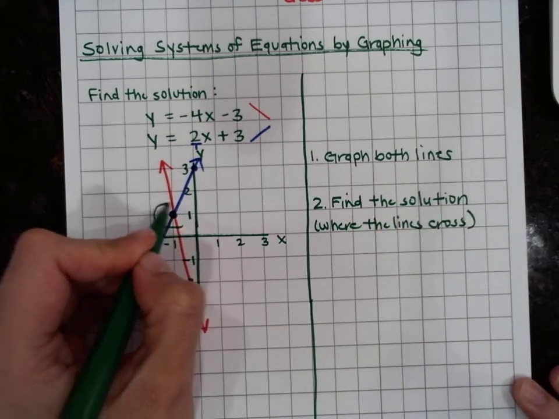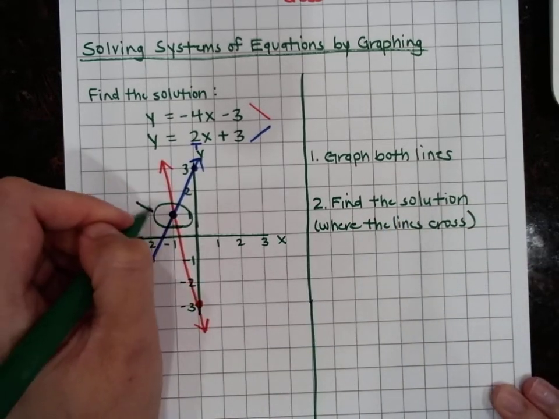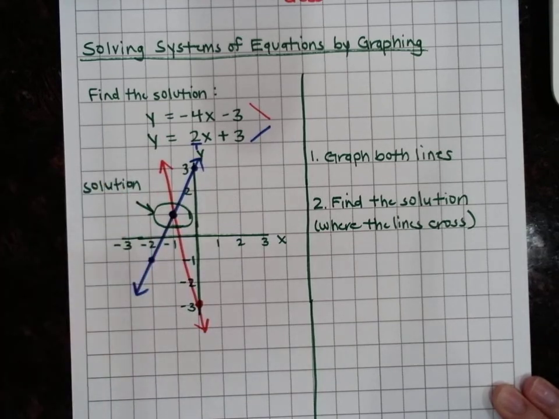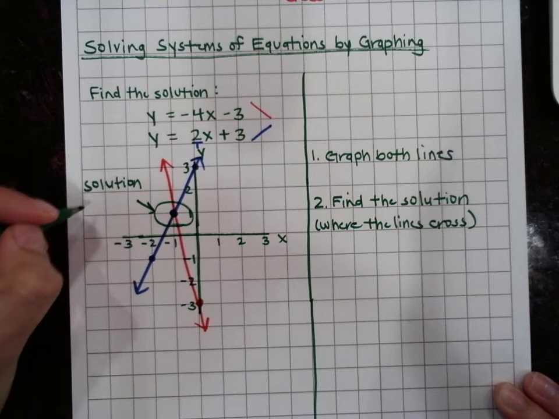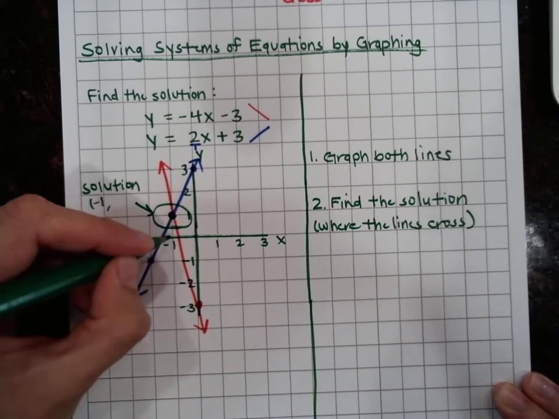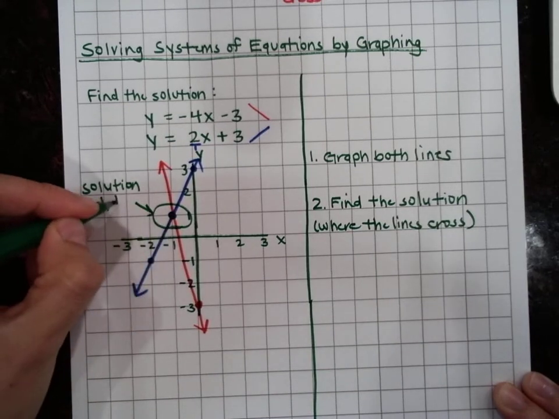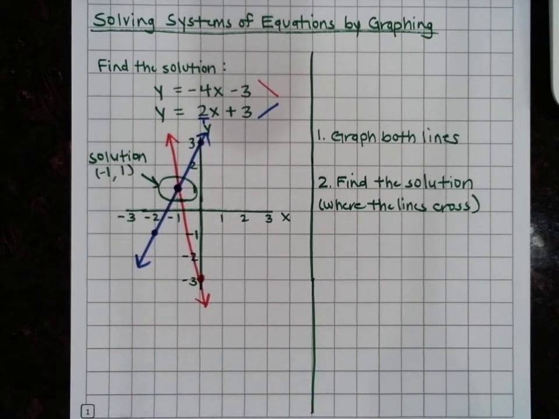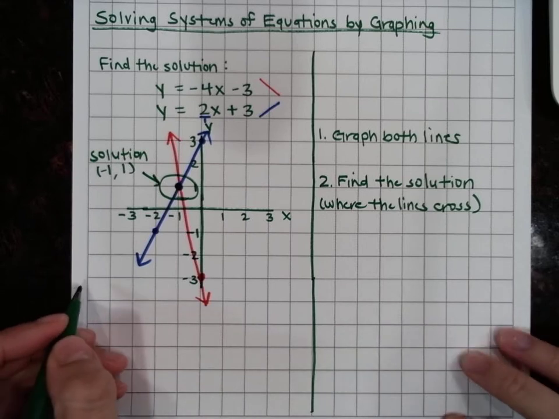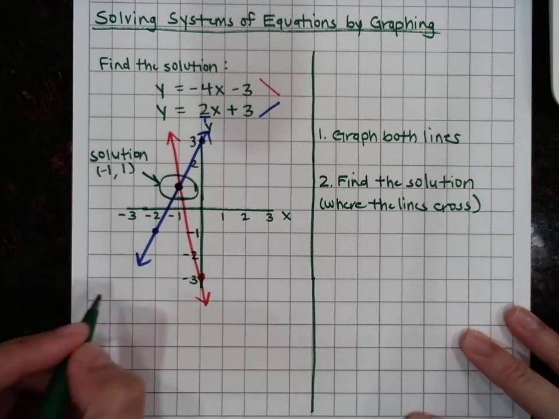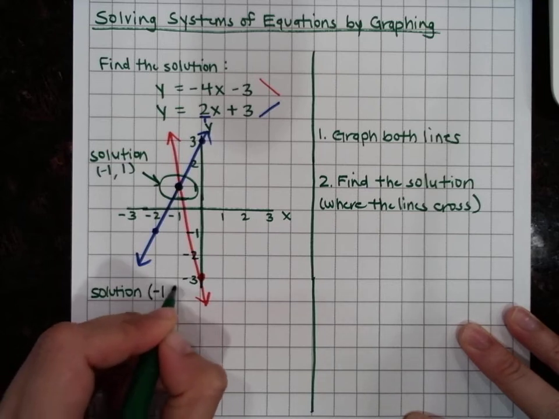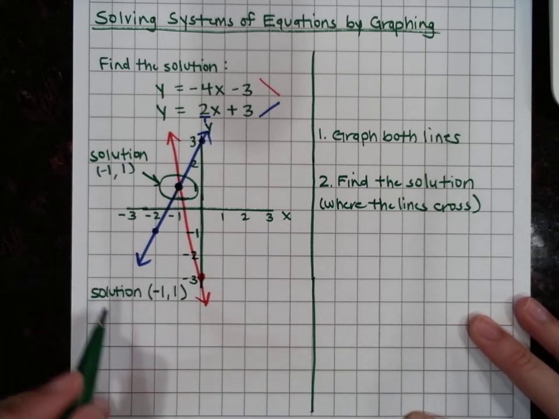And so this point right here, that is the solution, which is x is -1 and y is +1. So we think our solution is -1, 1.